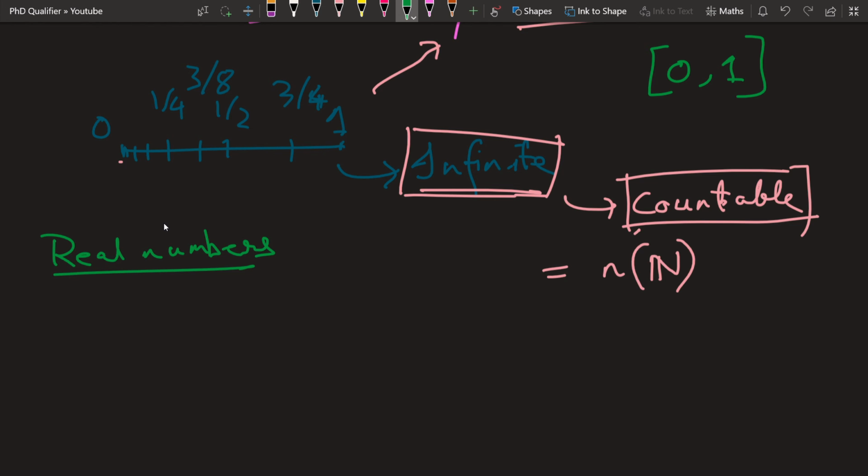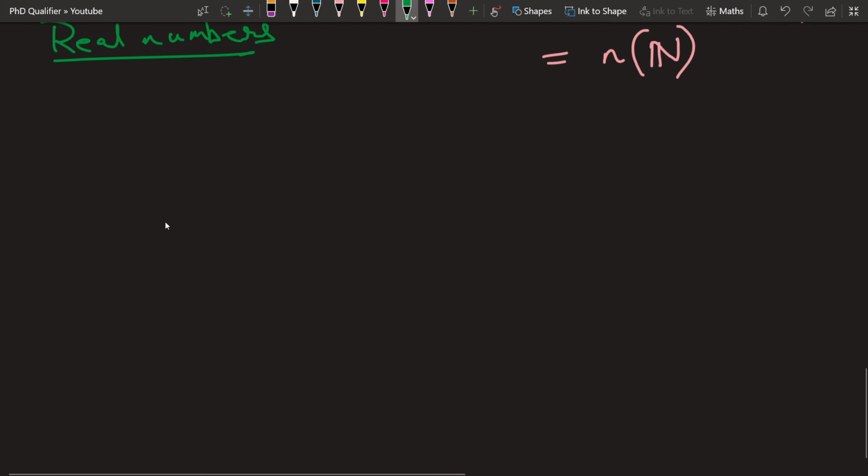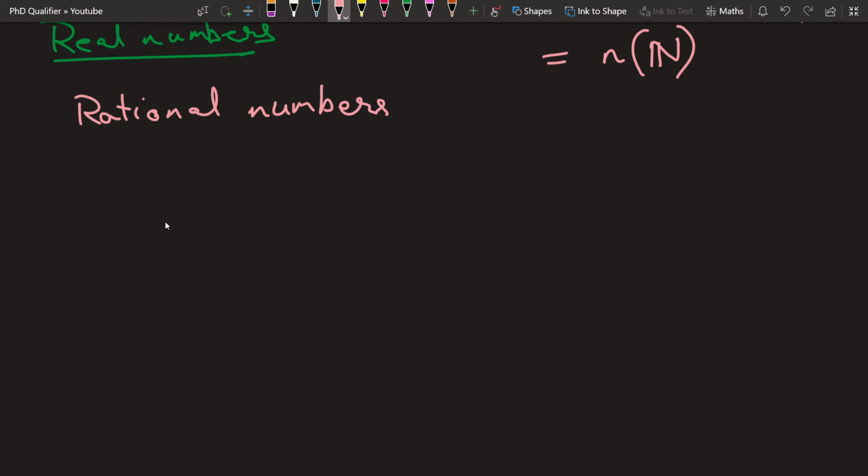But yes, there are other numbers which are real numbers which are not rational, and you already know how to represent rational numbers. But what are some examples of rational numbers that you will come across daily? What are the rational numbers?